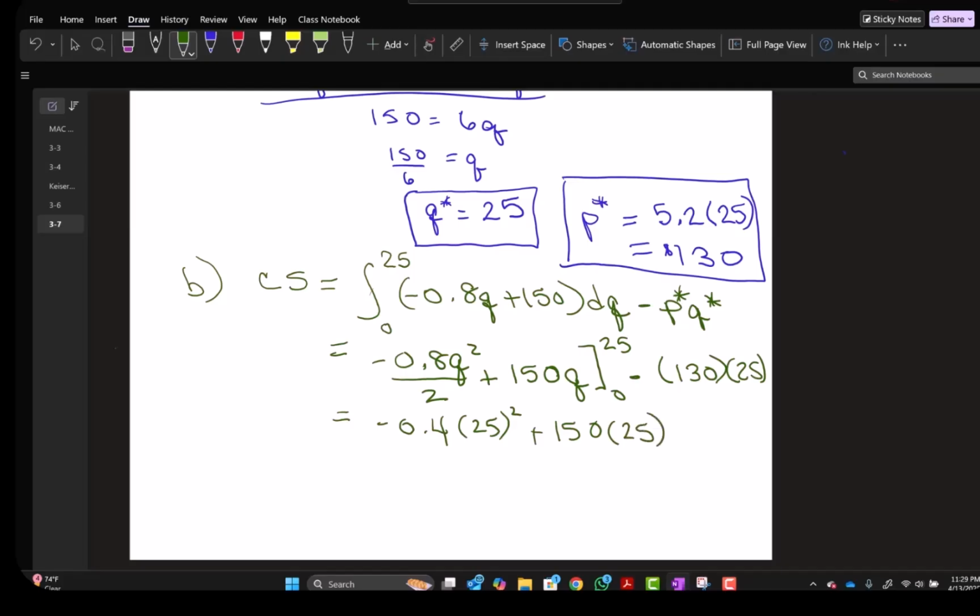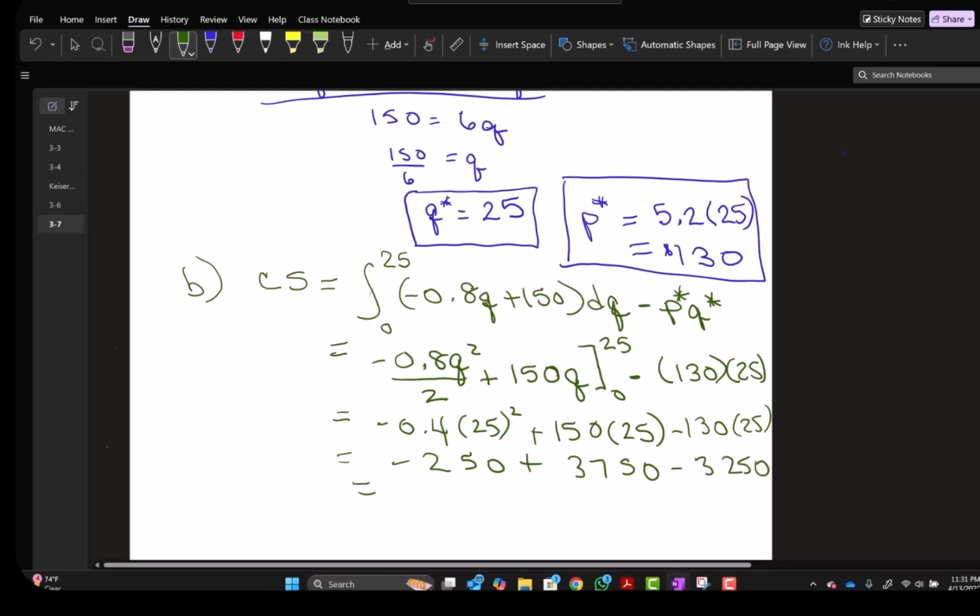I would normally have to subtract the 0, but that's just 0, minus 130 times 25. And this is equal to negative 250 plus 3750 minus 3250. And this is equal to $250. My consumer surplus is $250.